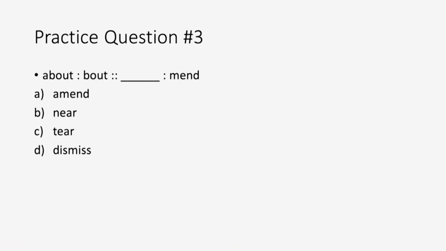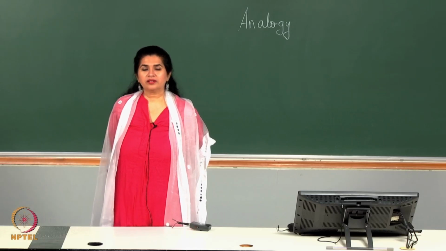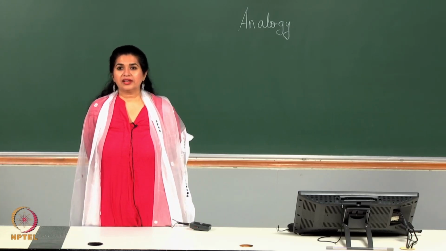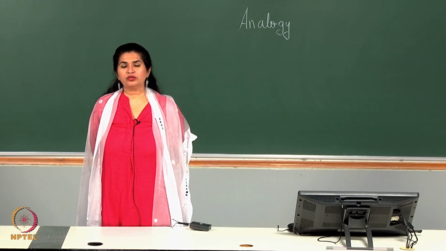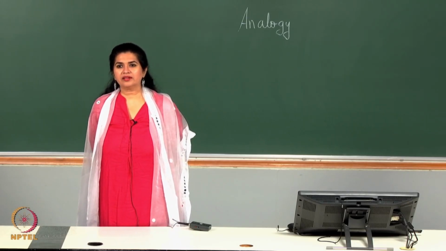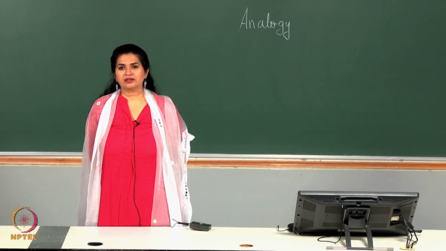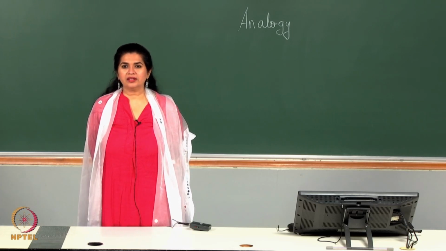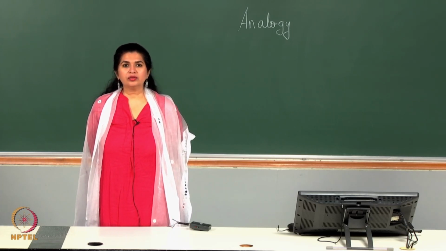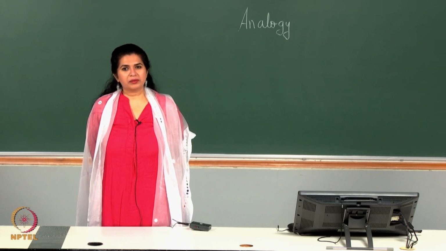About is to bout as amend is to mend, near to mend, tear to mend, and dismiss to mend. What is happening here? The best response is amend. The letter A is added to bout to make about. So, the answer is amend, because that is the word which is formed by adding an A to the word mend.